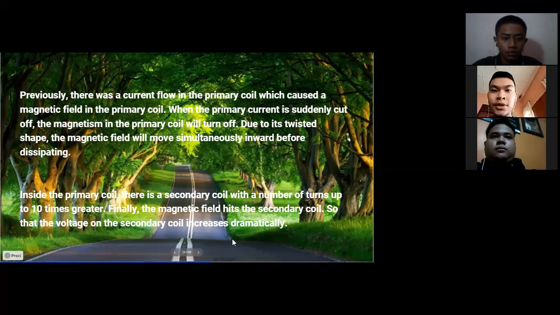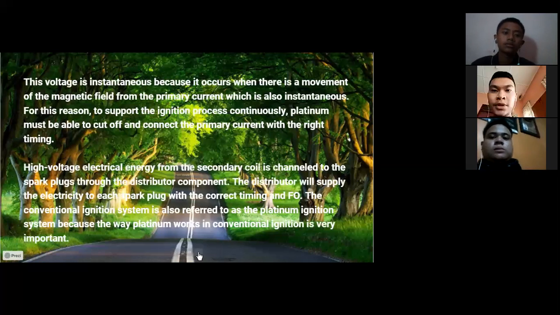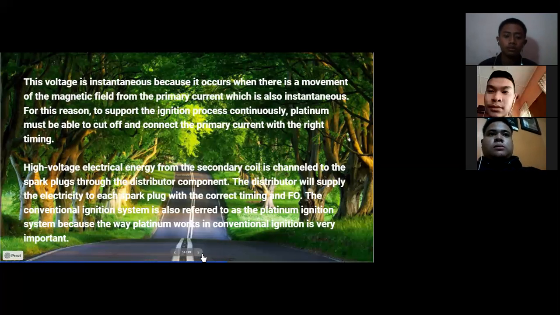Finally, the magnetic field hits the secondary coil, so that the voltage in the secondary coil increases dramatically. This voltage is instantaneous because it occurs when there is a movement of the magnetic field from the primary current, which is also instantaneous.